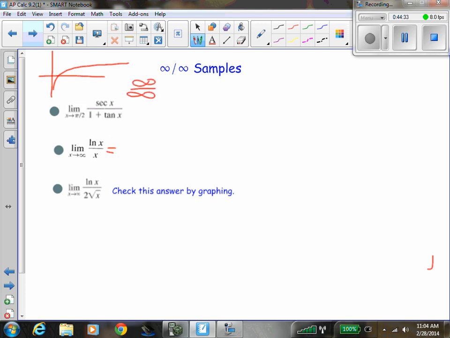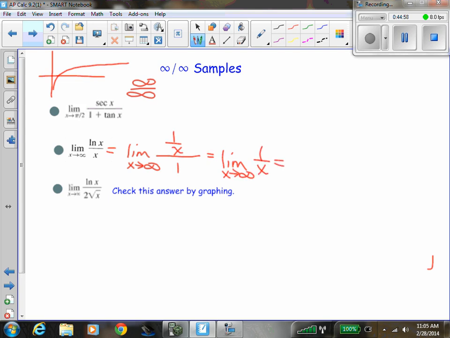All right, now let's apply the rule. We're going to do limit x approaches infinity. What's the derivative of natural log? All right, 1 over x. And what's the derivative of x? All right, 1. So if I simplify this fraction, because again, all I'm doing is simplifying the fraction, then I get that this is that.